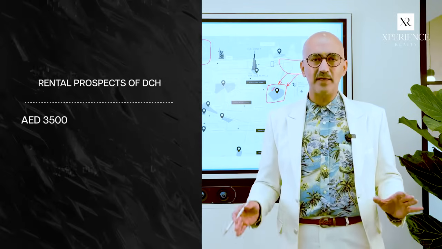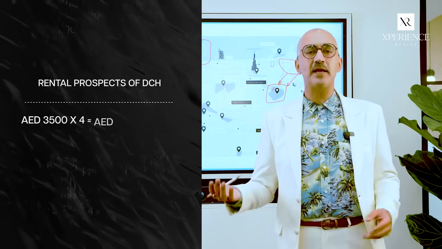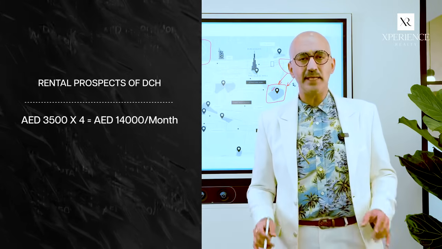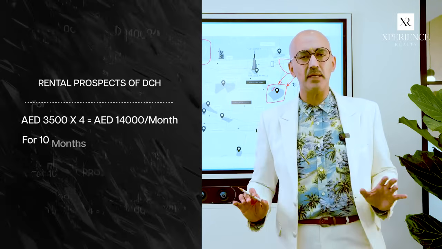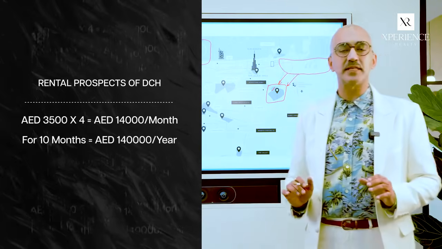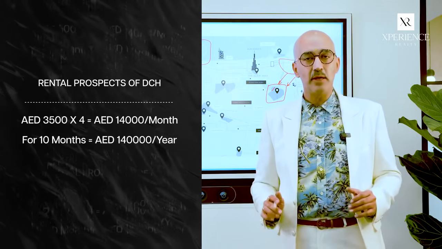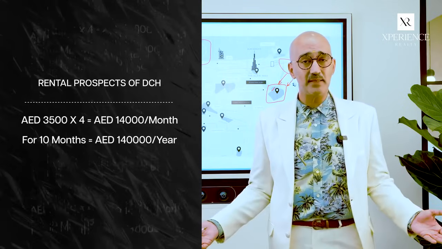Yeah, 3,500 dirhams times 4, like 4 weeks in a month, it yields me around 14,000 dirhams for the month. Now, I would be very conservative. I will say that we will rent only for 10 months, which is 140,000 dirhams for the whole year. You have 2 months to use the apartment. The rental returns are 10%.